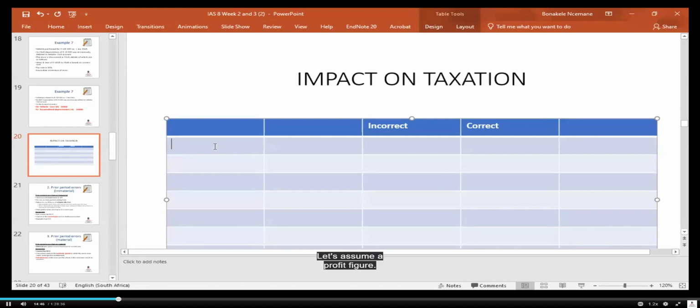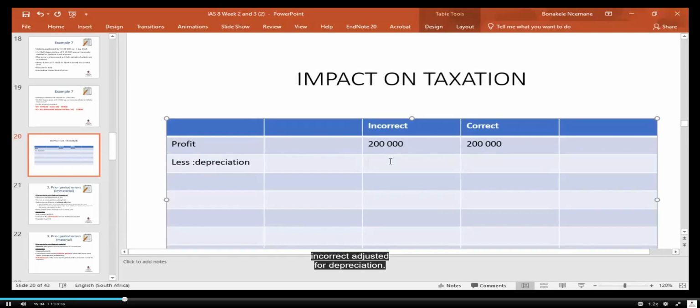So let's assume a profit figure. Let's assume we had a profit in the current year of 200,000. So we write the 200,000 in both the correct column and the incorrect column. Now, this profit would have been affected by depreciation if the depreciation journal was correct. But we know that we did not adjust for depreciation because of the incorrect journal.